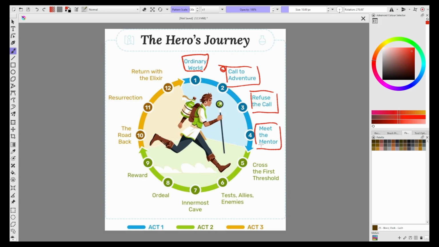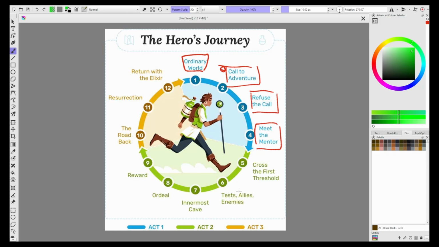Usually this mentor character or this event, something will happen that will provide the protagonist with tools or knowledge or something that is going to come back later on in the story to help them. Something that will stay with them throughout this journey and benefit them. And that is the end of Act 1.